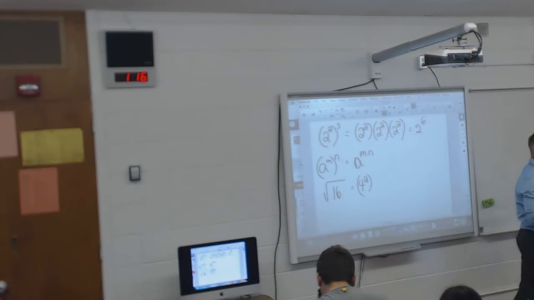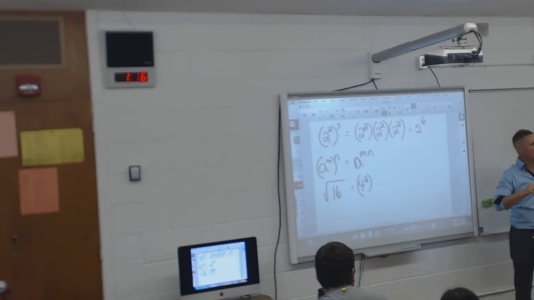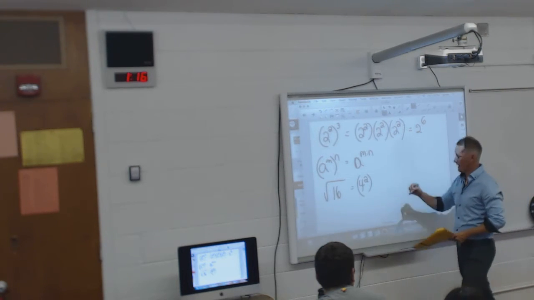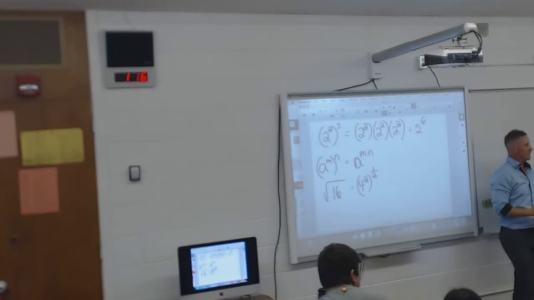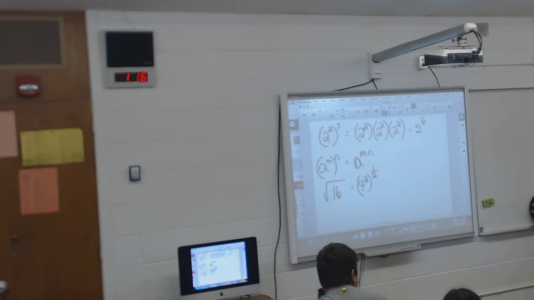Everybody agree it's 4 squared? And the square root written as an exponent is what? I told you this yesterday. What is the square root written as an exponent? 0.5. Okay, I can work with that. 1/2.